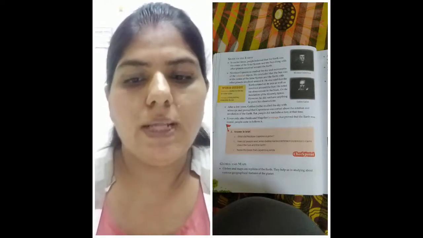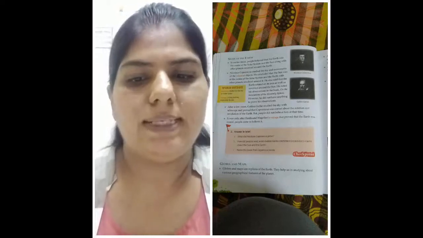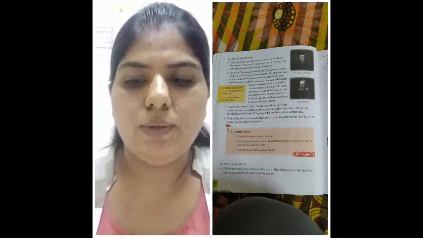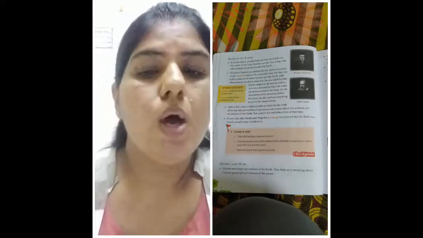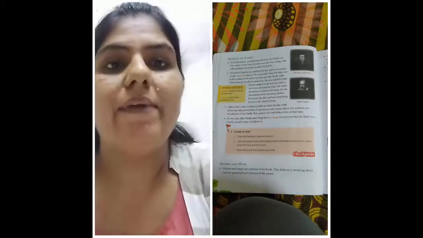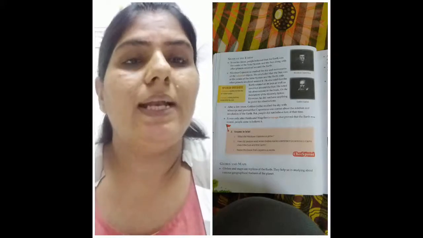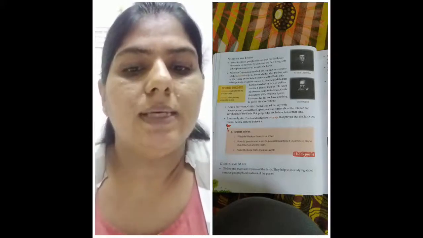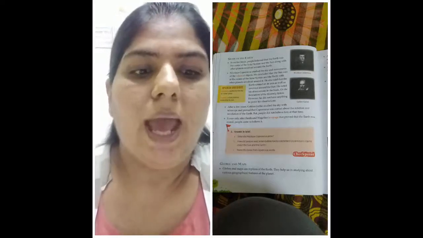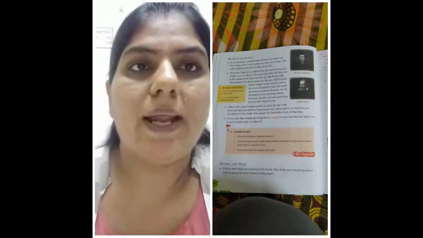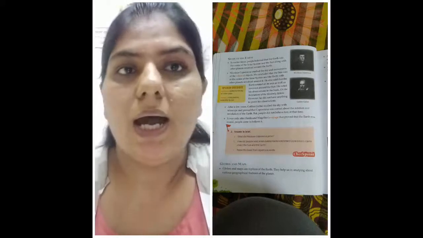First of all, we will see the meaning of celestial: related to the sky or outer space. So earlier, as we have read, people thought that the earth is in the middle of the solar system, and the sun along with other planets moves around the earth.